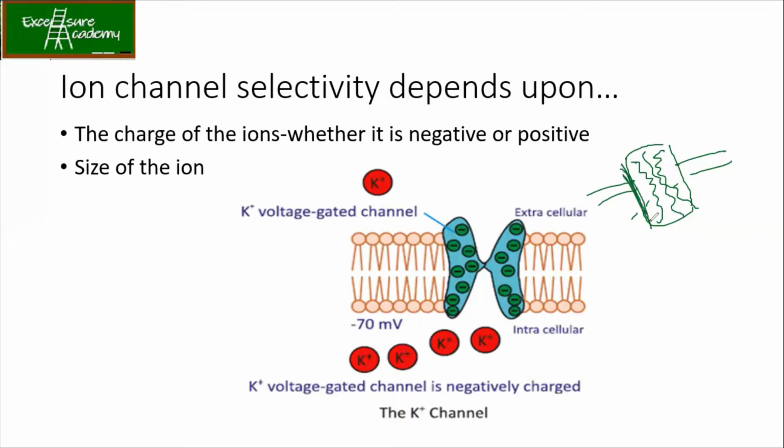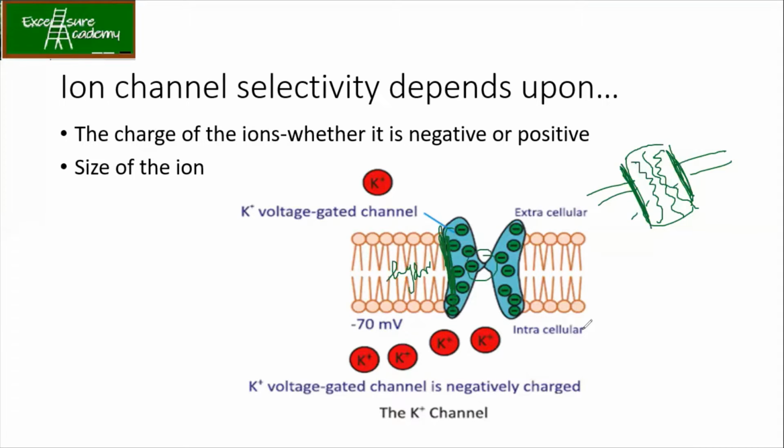This portion of your channel cannot have charge, because here it is hydrophobic. I cannot have any philic amino acid. So here you have normal hydrophobic amino acids. It's just that where the selectivity filter is present, which decides whether K plus or Na plus should come, there only the negatively charged amino acids are present.